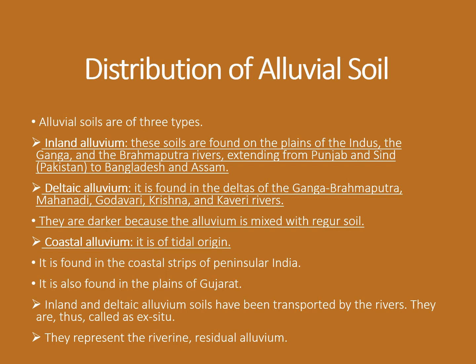It is of tidal origin. It is found in the coastal strips of peninsular India. It is also found in the plains of Gujarat. Inland and deltaic alluvium soils have been transported by the rivers. They are thus called ex situ soil. They represent the riverine and residual alluvium.